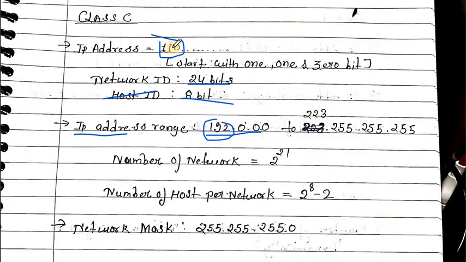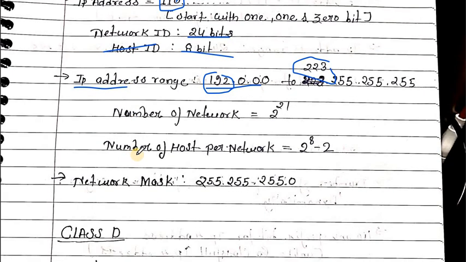The maximum value is 223, because the third bit is 0 and it can't be a 1. So the IP address range belongs to this.